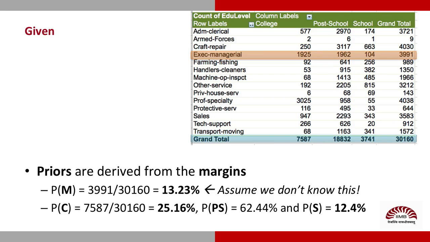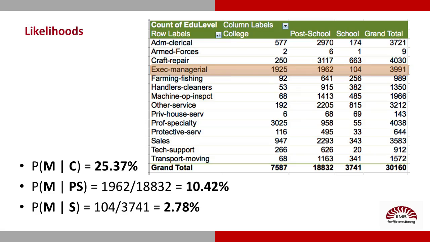From the margins, we can calculate P of PS, post school, as 62.44% and P of S as 12.4%. We have already derived the posterior P of M given C as 25.37%. I also leave you to figure out why these don't add up to 1.